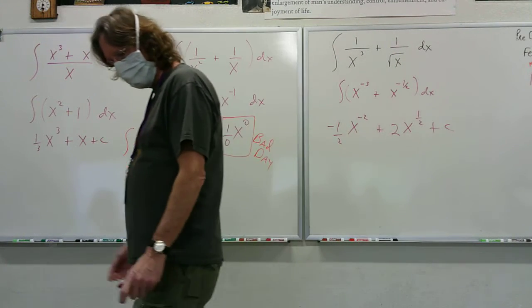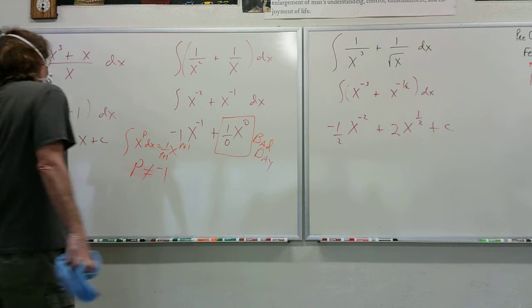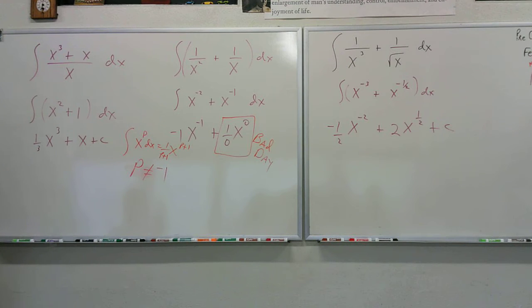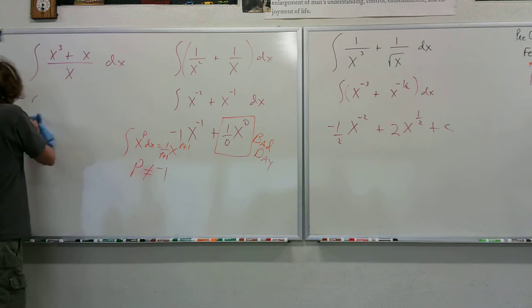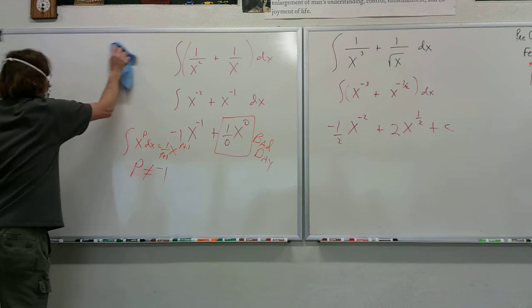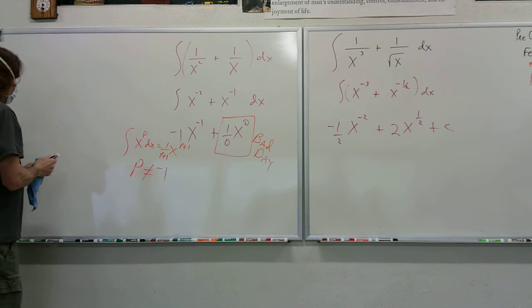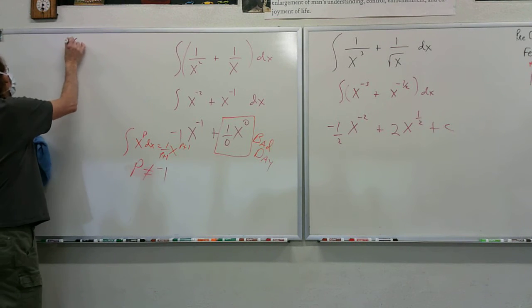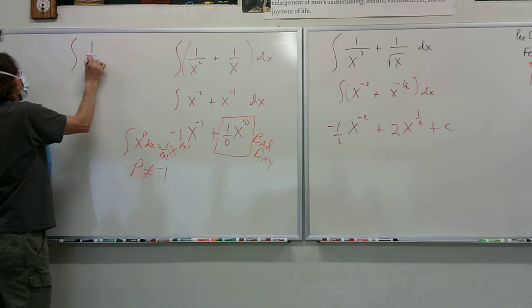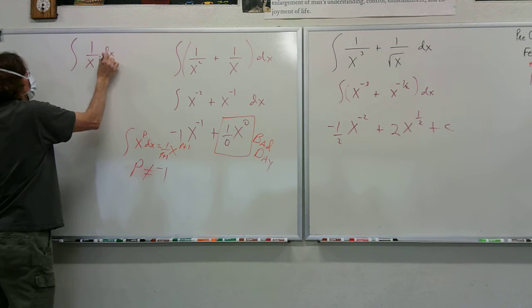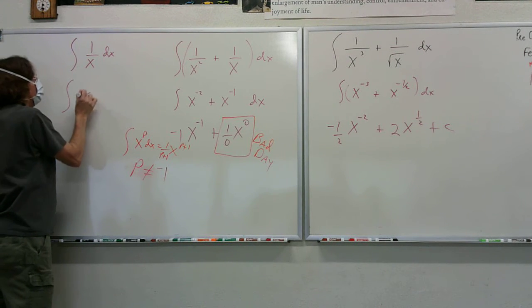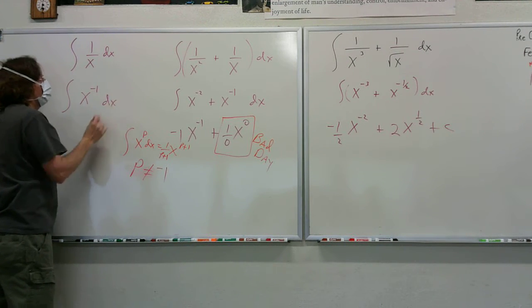Well, that was a bad day for the mathematicians because all of a sudden they didn't have anything that you could take the derivative of and get 1 over x. So the mathematicians are scratching their heads and wondering, uh-oh, if we have 1 over x dx, or we have x to the negative 1 dx, we have a problem.